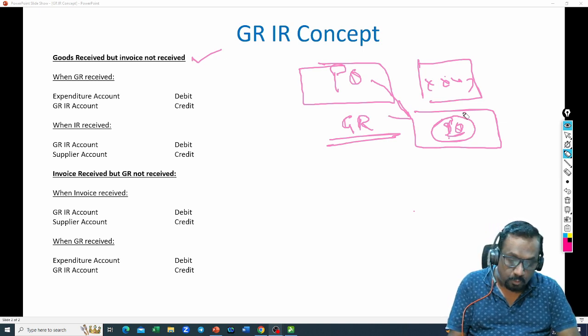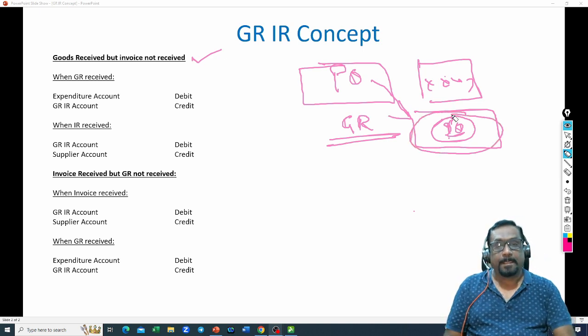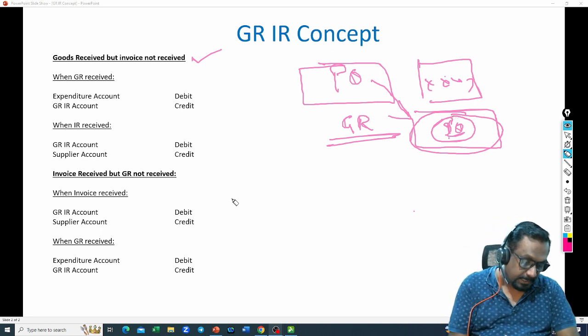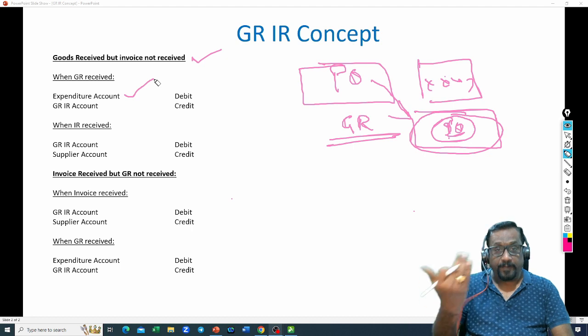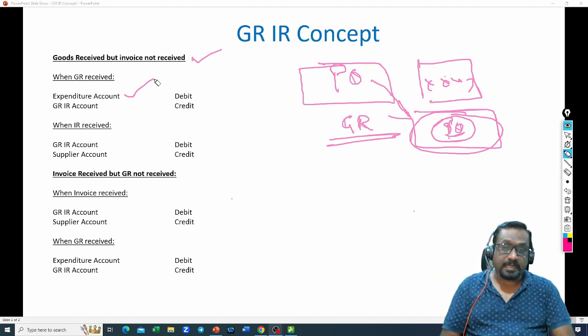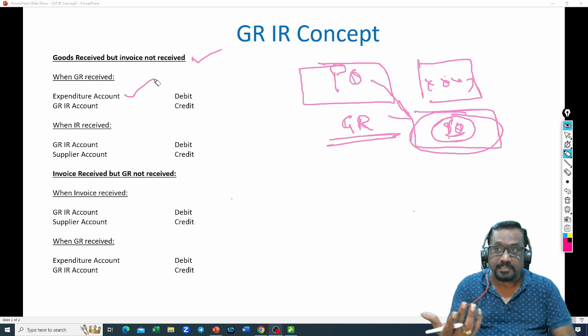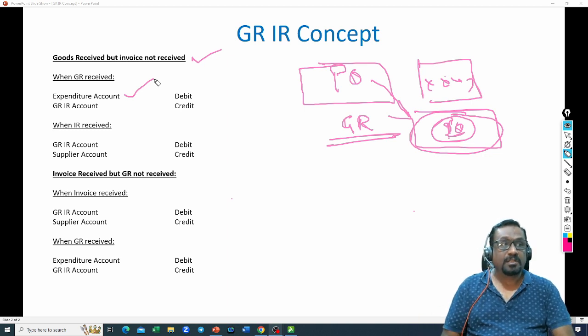As soon as you update this quantity, what the system does at the backend is it will debit the expenditure account. Why expenditure account? Because when we purchase, only the goods will come to us, right? So purchases is an expenditure. All expenses and losses are to be debited.